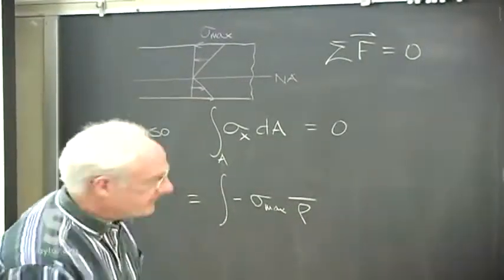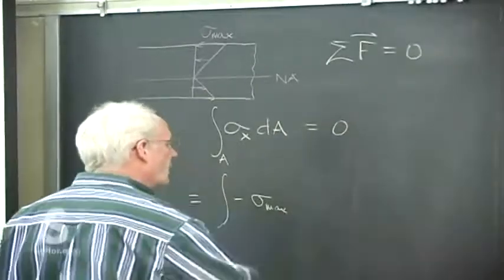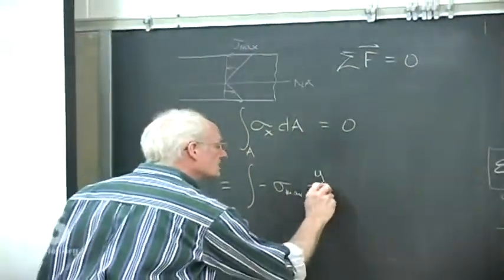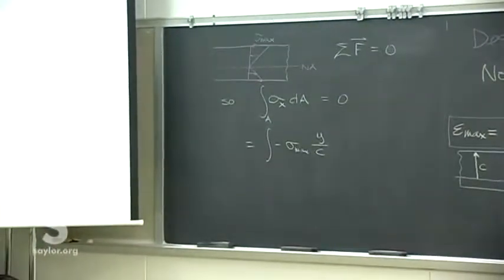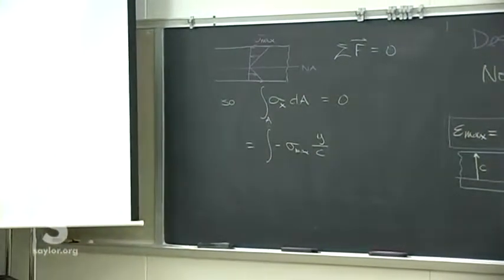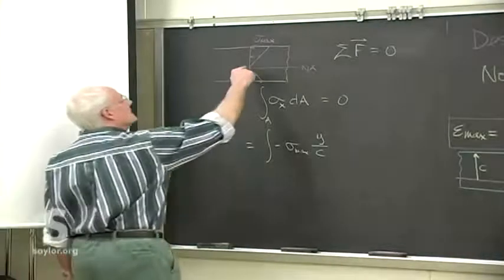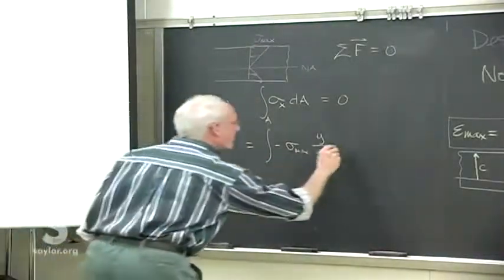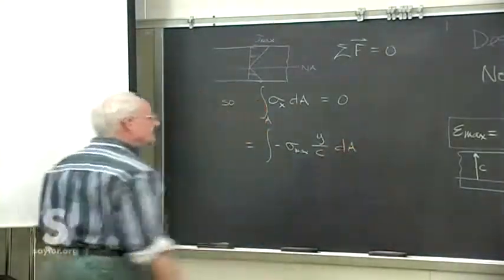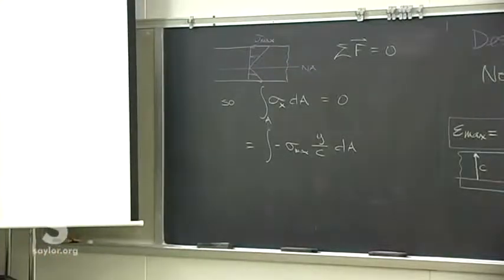Make sure I get this right. No, the y was okay. The rho is not. We want to be at c. Yeah, rho cancels out. We get just c in there. Actually, rho doesn't even have a part of it. All we're doing is setting up this linear variation, dA. Yeah, okay, that's what I need.